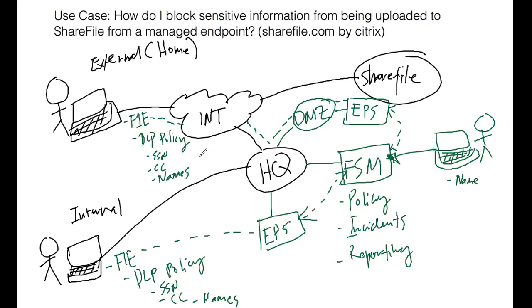It doesn't create an incident for the Social Security number, another for the credit card number, another for names. It's smart. If there are three of these characteristics on a particular file this user tries to upload to ShareFile, it will create one incident and put three triggers. So you know that this person is really trying to do something.